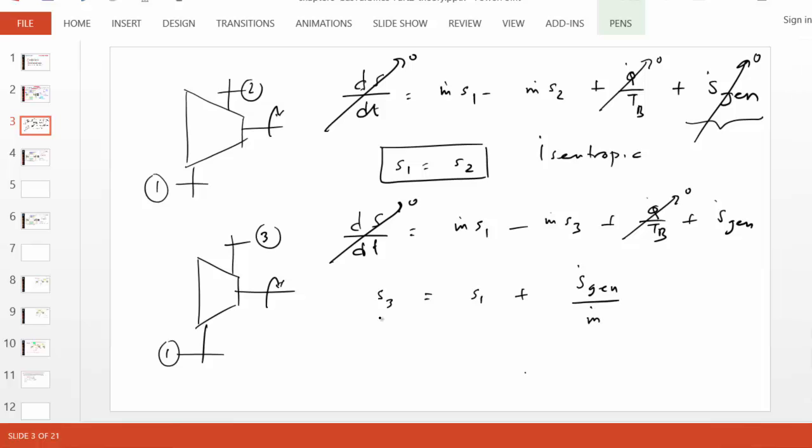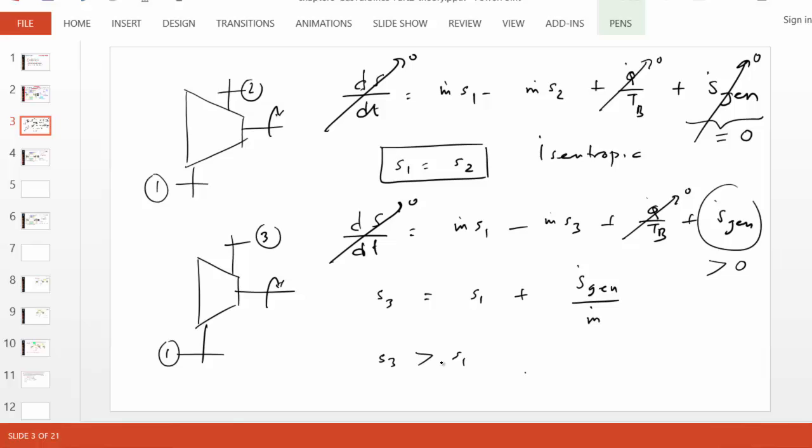So what this says is that S3 must be greater than S1 because we know friction is always greater than 0 in an actual compressor. At the best, it can be equal 0 for an ideal compressor. So as you can see, in an actual Brayton cycle, the compressor exit will not be at state 2, it will be at state 3, where S3 is slightly greater than S1.